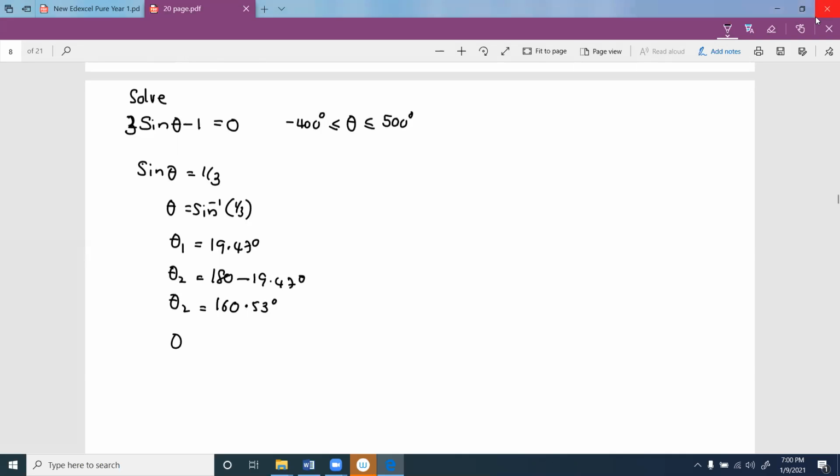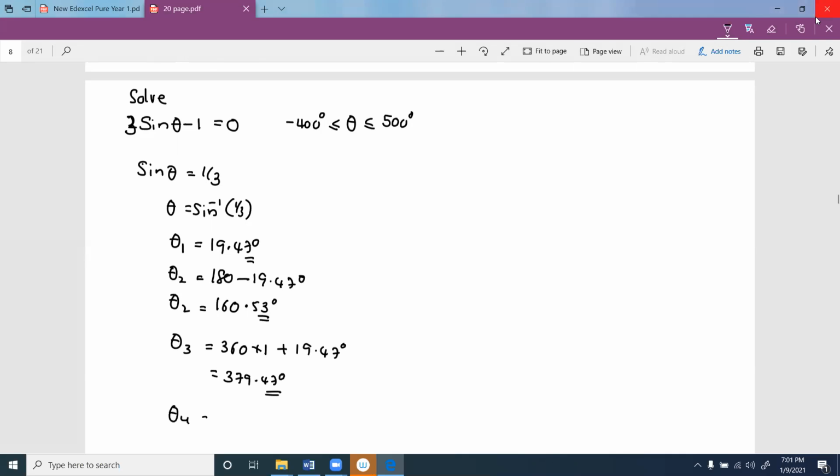Then theta 3 becomes 360 into 1 plus the first angle 19.47, which is 379.47.